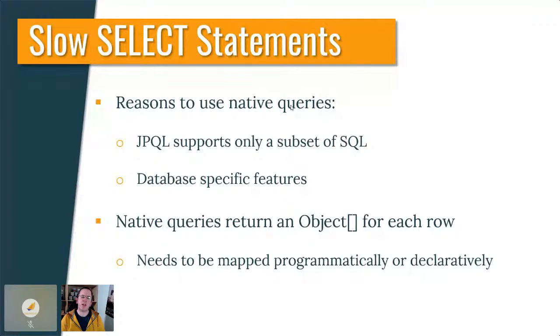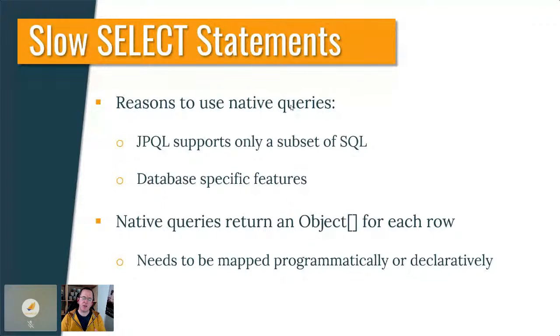So what they did there is they defined JPQL as a query that supports a feature set that's good enough for all basic standard use cases. And then they introduced the native query capabilities that give you direct access to the database via native SQL statements.